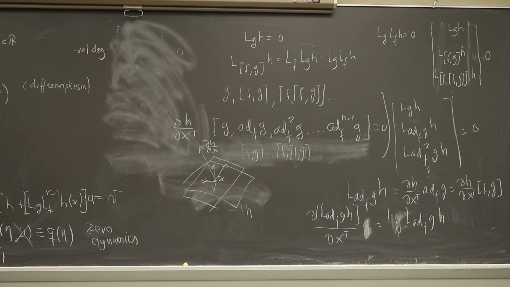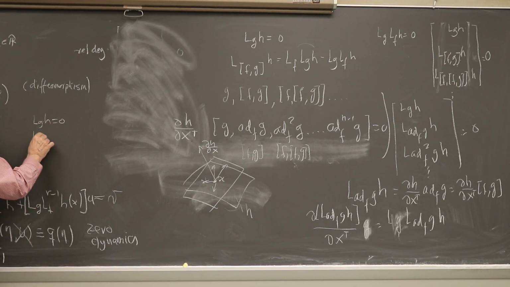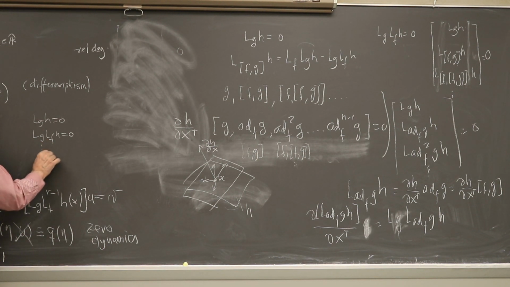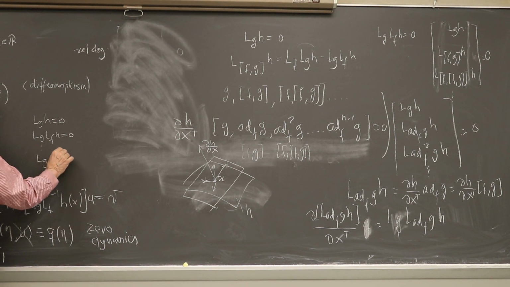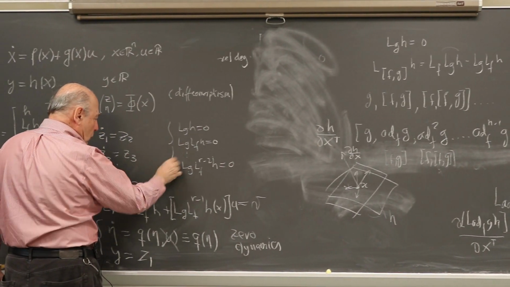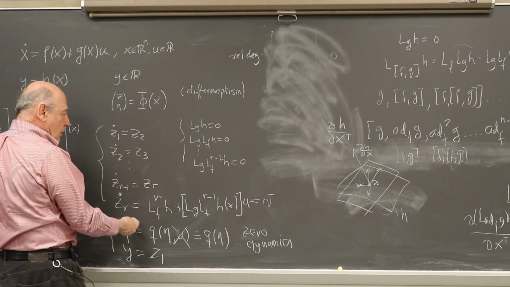So to generalize this condition, because what we have imposed here is basically LGH equals 0, LG LFH equals 0, all the way up to LG LF^(r-2) H equals 0. This is what we have imposed here, to have this linear structure.